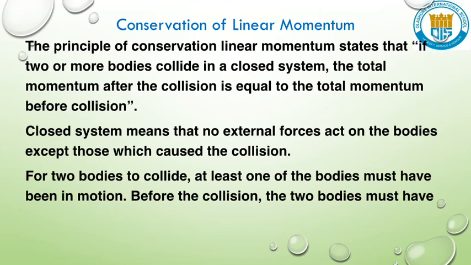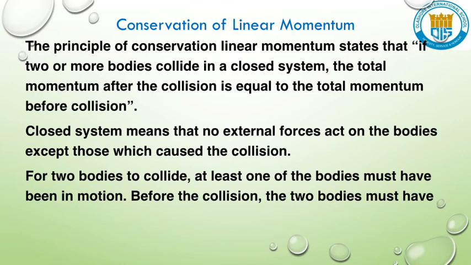So if we have body A and body B, body A had its own momentum, body B had its own momentum. Now body A and B collide. If we find the total momentum before they collided and the total momentum after they collided, we must get the same answer. That is what the principle of conservation of linear momentum talks about.